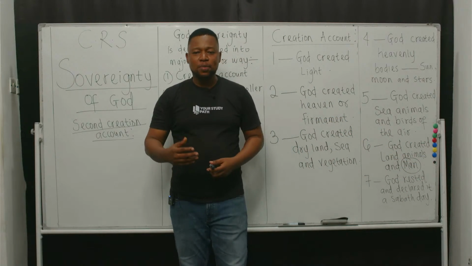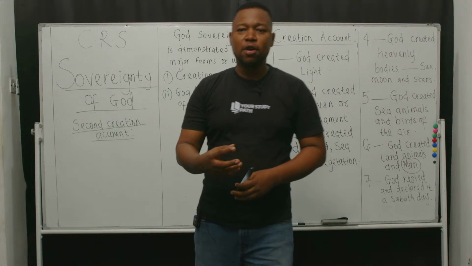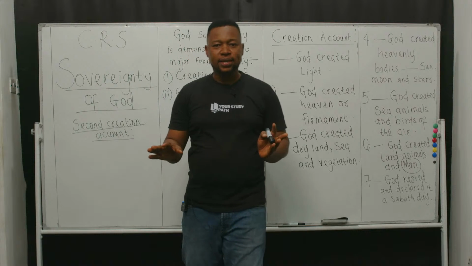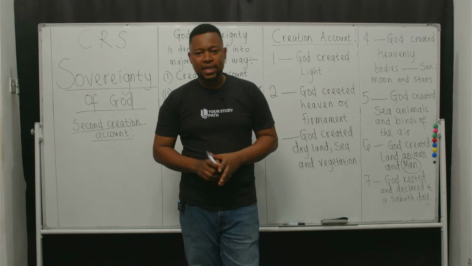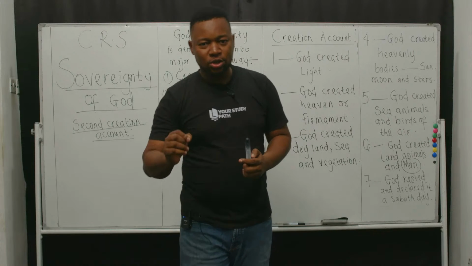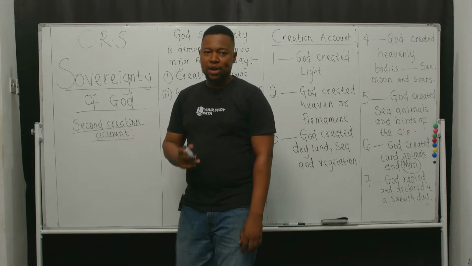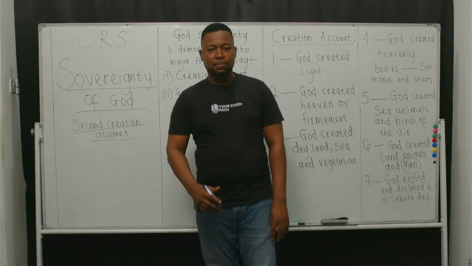Man was created from the dust of the ground. That's very simple. You need to know how God created man, through the dust of the ground. Don't forget, I said the second creation story starts with the journey of man.